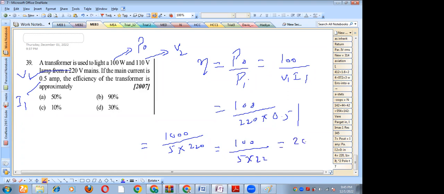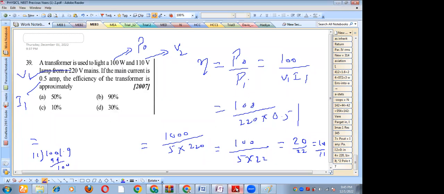So 20 by 22 and 10 upon 11. So we divide 10 by 11. So 0.9 something.